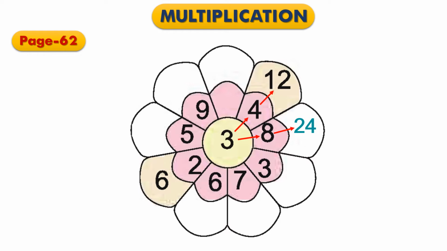In the next box we have 3, so we multiply 3 by 3, and the result is 9, so we put 9 into that box.